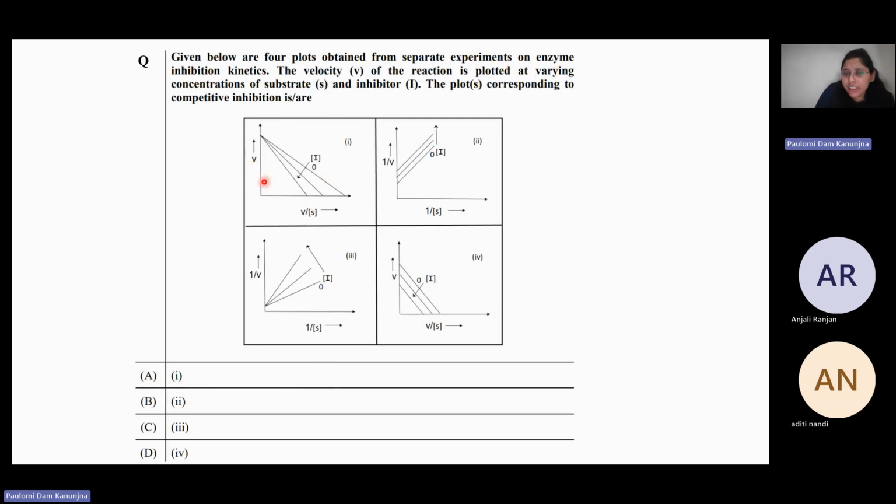So you have different units: V against V by S, 1 by V against 1 by S, 1 by V against 1 by S. So now looking at this plot here, which ones do you think refer to competitive inhibition? Think of what is competitive inhibition. You should be able to get it at the very instant. What do you see in competitive inhibition and which ones of the graph show that value?